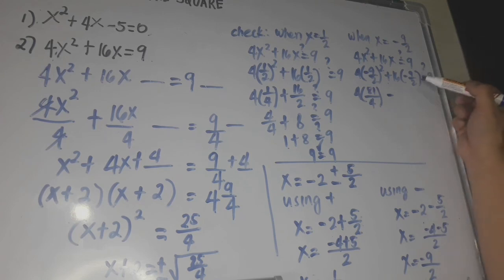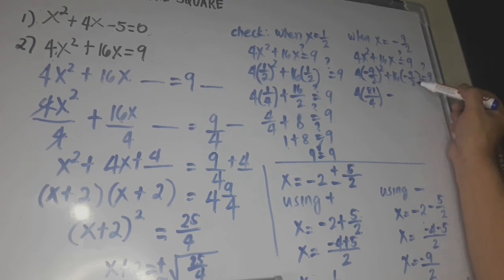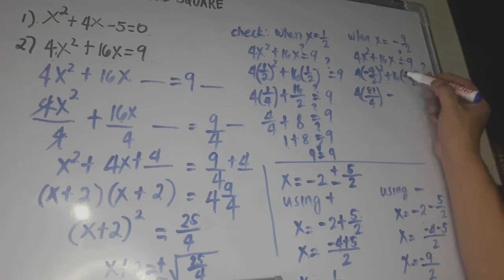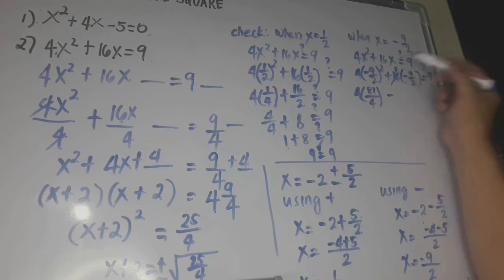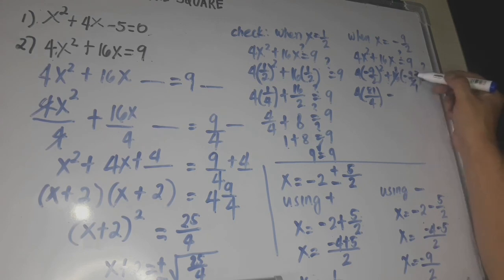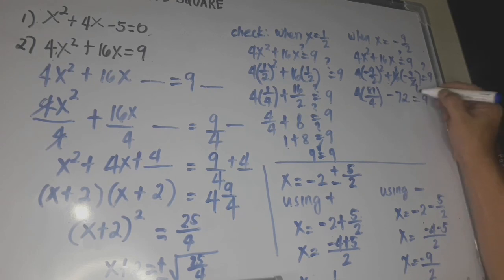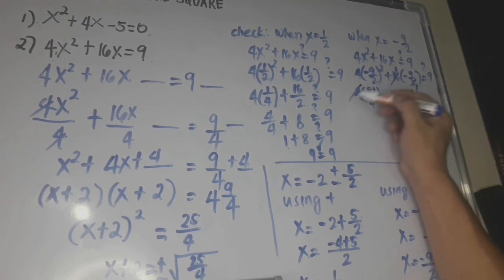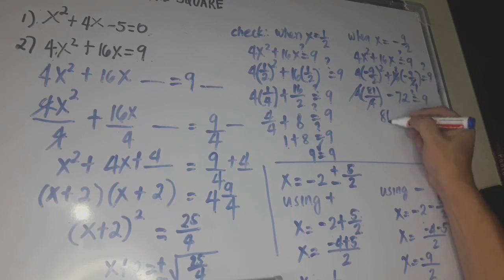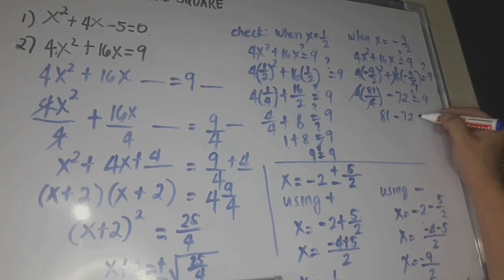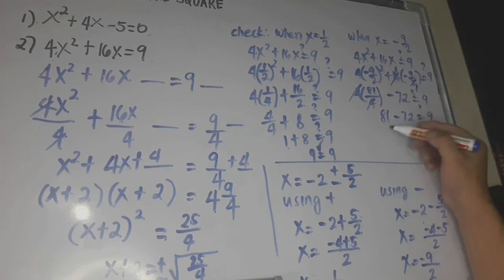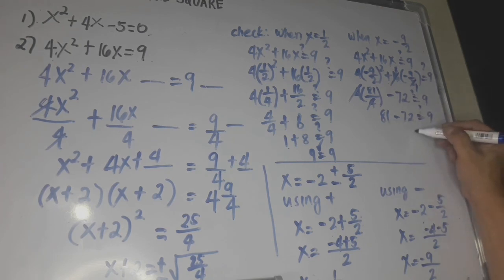16 times 9, or you can cancel 16 and 2. This becomes 8, and this is 1. So, 8 times 9 is 72 equals 9. This is cancelled out. So, 81 minus 72 equals 9. 81 minus 72 is 9 equals 9.